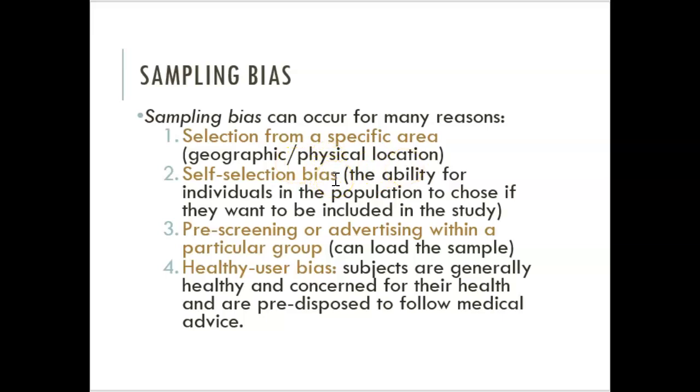Ideally, in an ideal world, we want everyone to participate. We want everyone's opinion, including those that feel strongly and those that disagree. And we also want the middle ground people too. So self-selection bias is when only specific people who feel very strongly about a topic come forward.